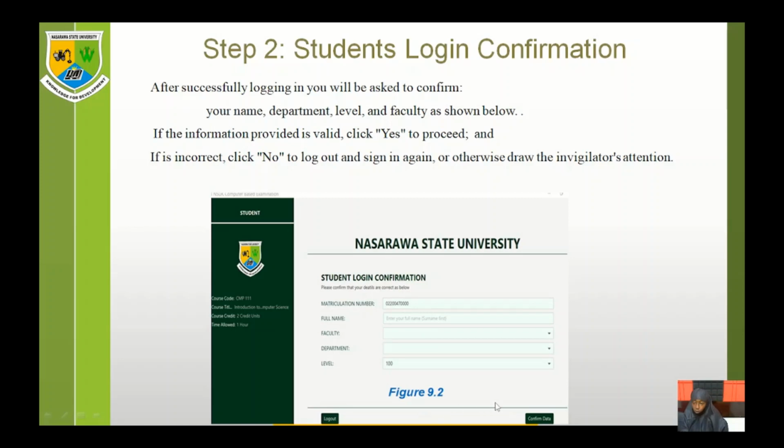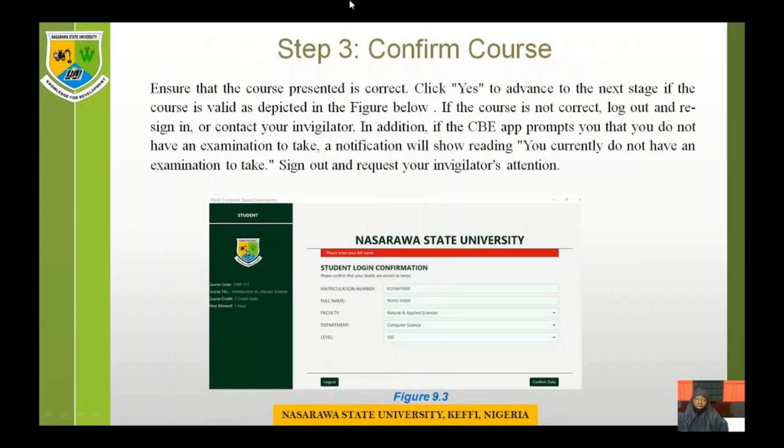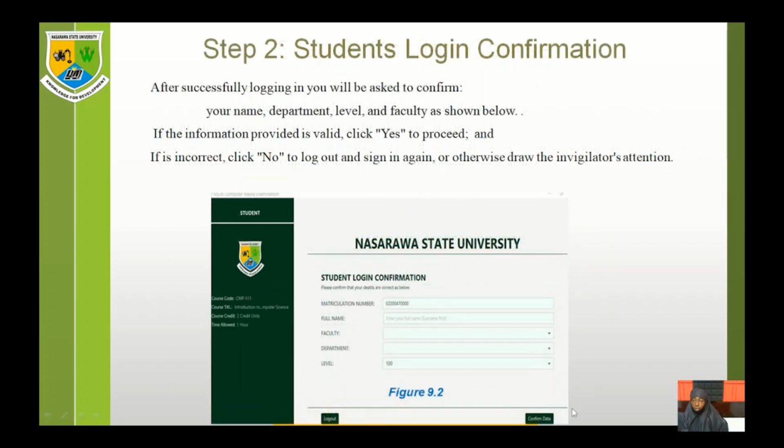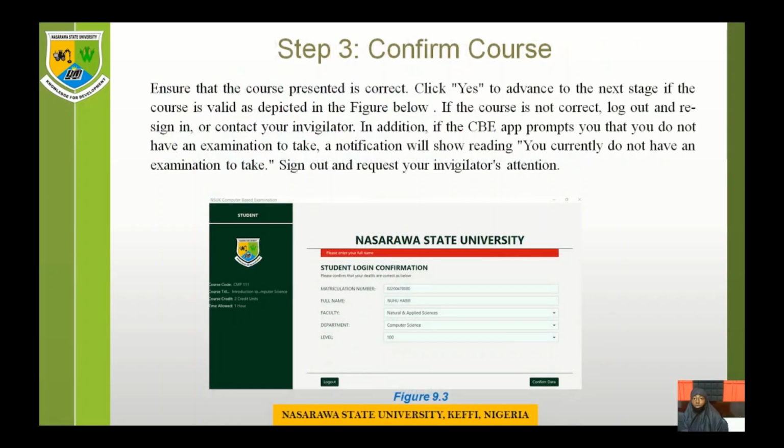So this is the proceed, confirm data. For you to proceed, look at the button below here, you confirm your data, and if it is incorrect, you log out and sign in again. In most cases, when you do that and it doesn't work, you can call the attention of the invigilator. And the next step is, after confirming that your login details are correct, you should also confirm the course itself.